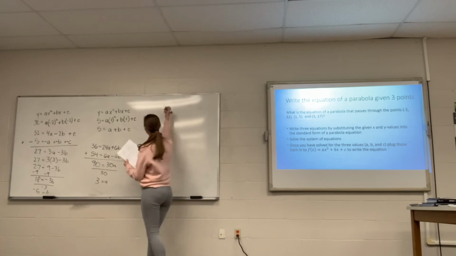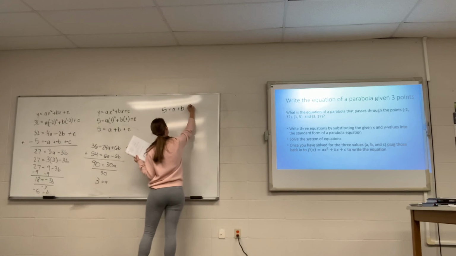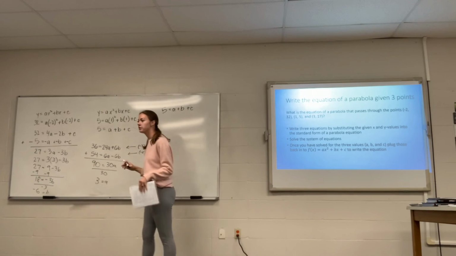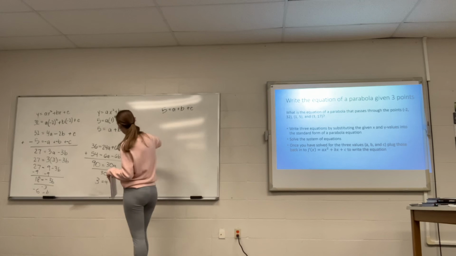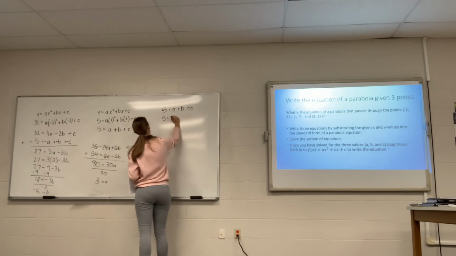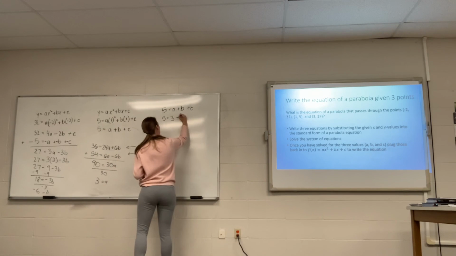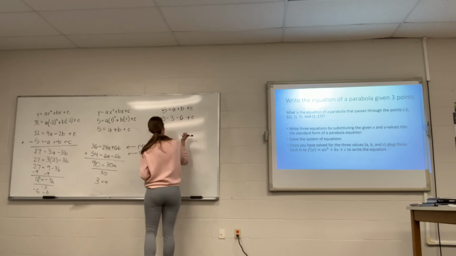So if I use this equation, 5 equals a plus b plus c, we're going to put in our a value of 3, so I have 5 is equal to 3. Our b value of negative 6, so minus 6 plus c.